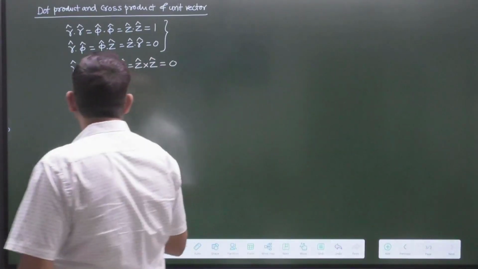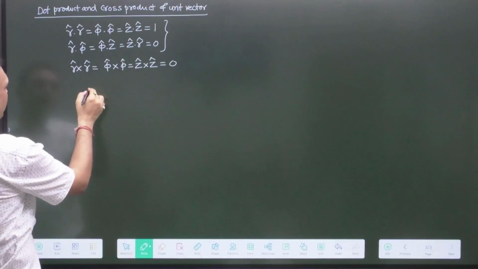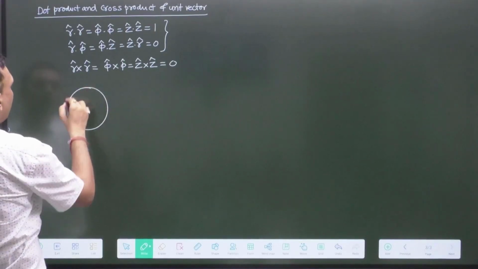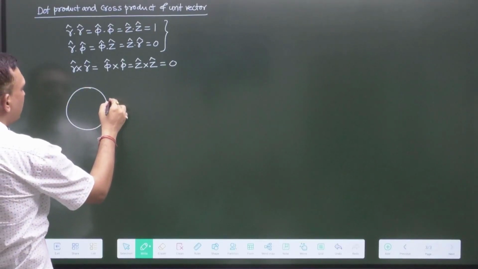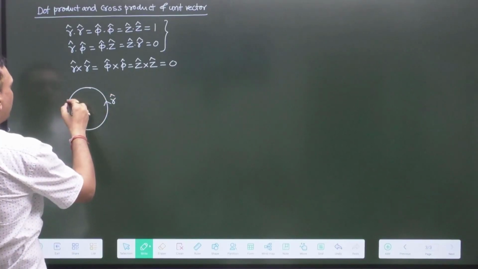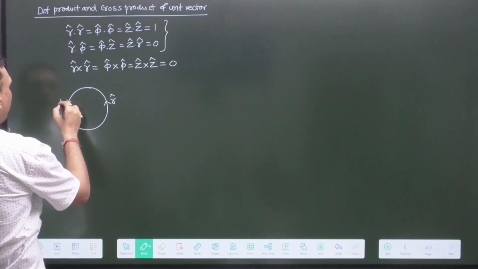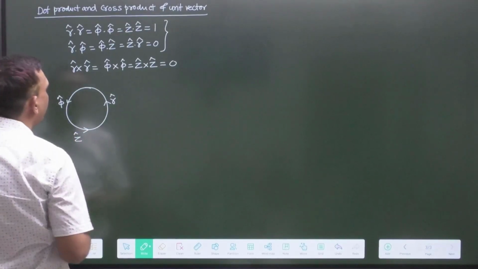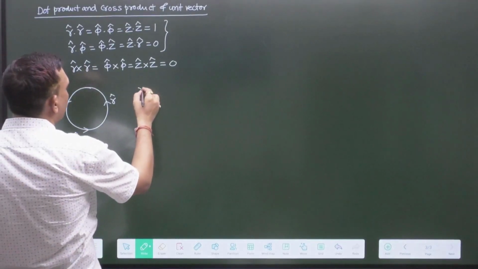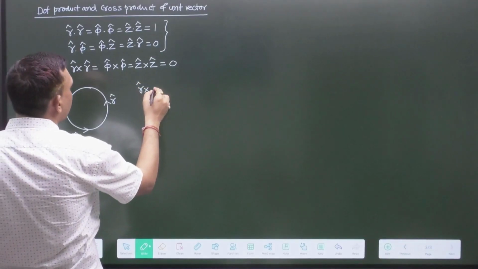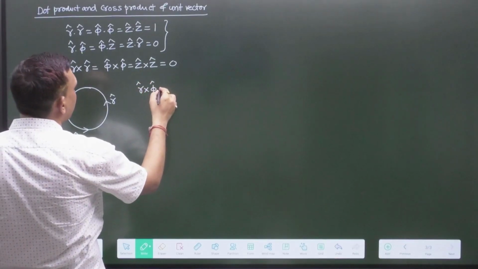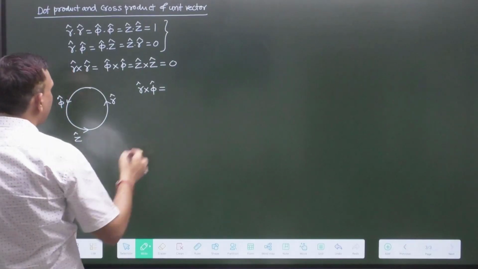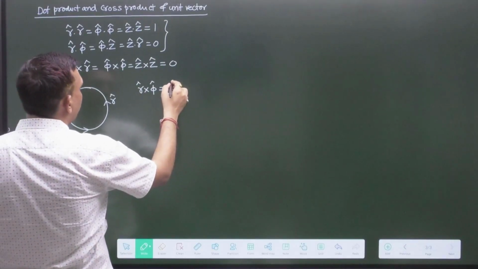And for the right hand rule, again you can remember, if you move in anti-clockwise direction, this is r cap, this is phi cap, and this will be z cap. So r cap cross phi cap will be z cap.